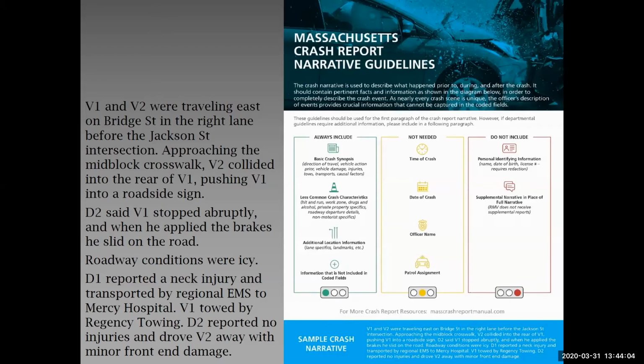So sometimes officers want to include a much more lengthy narrative due perhaps to the complexity of the crash, but if it is submitted as a separate document, the registry doesn't include it, and therefore it's not in their crash data system. So what we're asking is that officers use these guidelines as they're writing up the narrative on the crash report, and we're asking that supervisors take a look at the narrative to see if it's meeting these qualifications.